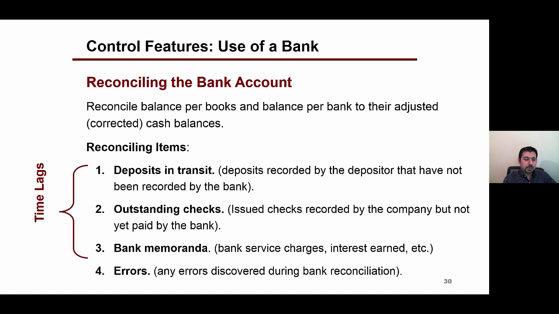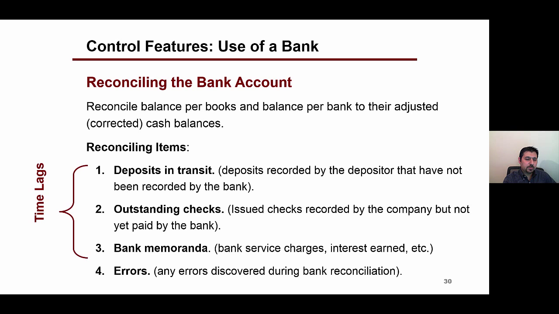And this is why we have the deposits in transit and outstanding checks, in addition to all the charges that the bank will charge the company, for example, service fees, check printing, interest, or any changes if the company earned interest.